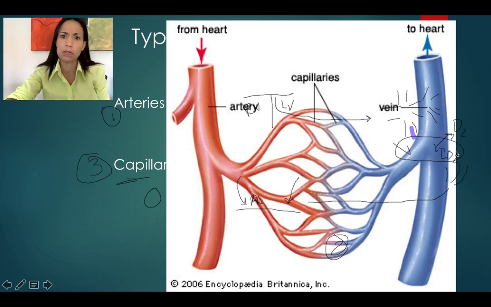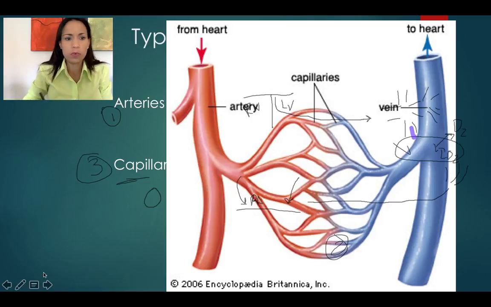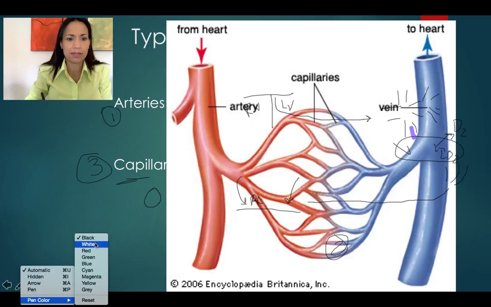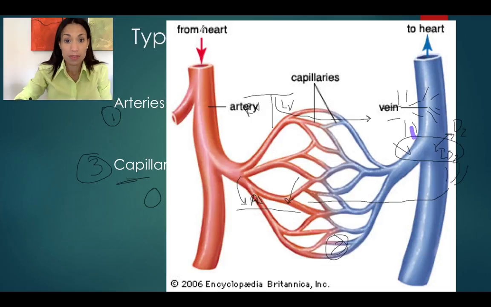Now, another way to see that: here we have the heart, the arteries are moving away from the heart, they branch, forming smaller arteries, and here we have even smaller arteries.